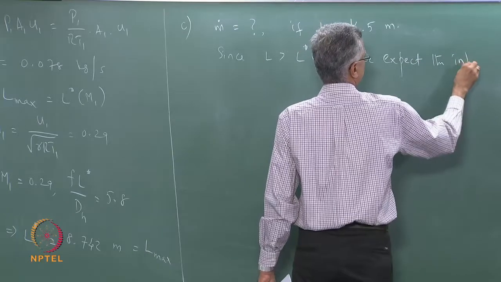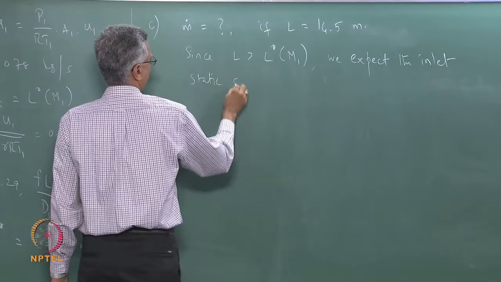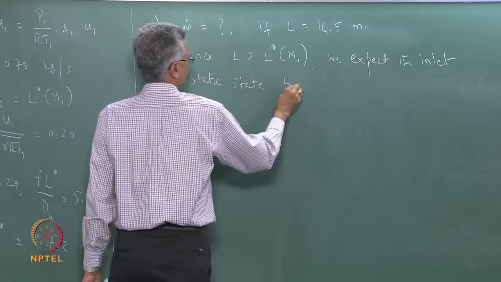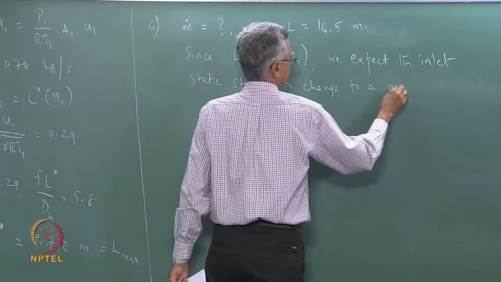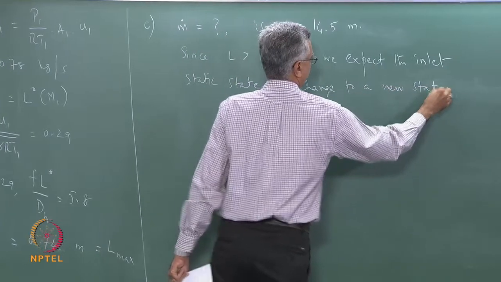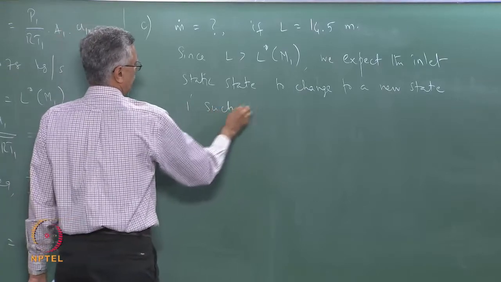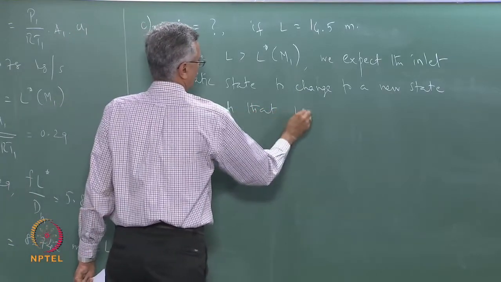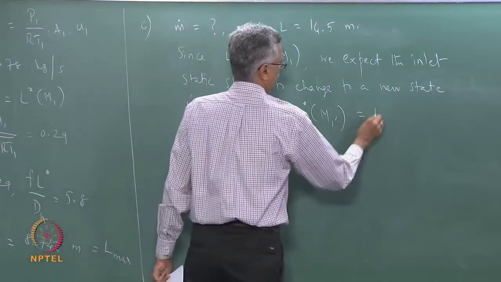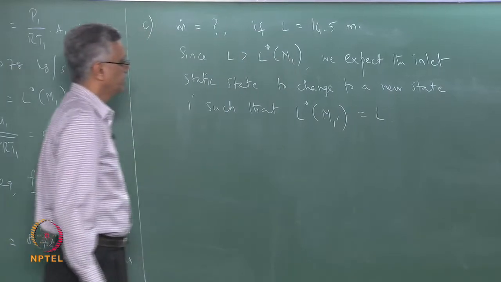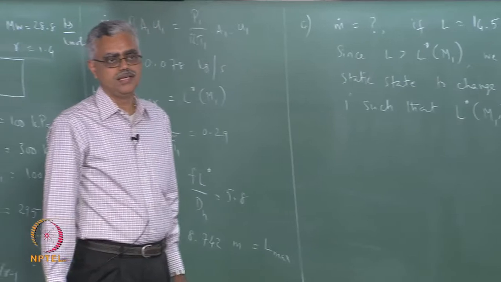Since L is greater than L star, we expect the inlet static state to change to a new state, which we are going to call, let us say, 1 prime, such that L star corresponding to M1 prime is equal to L. And again, we have not been given any information about the exit pressure.